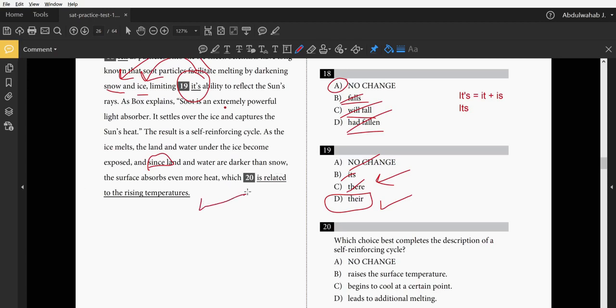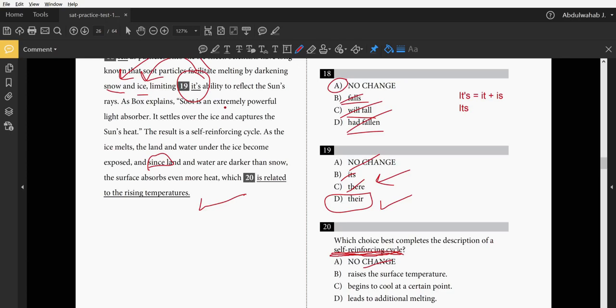Is this why the general temperature of the Greenland ice sheet is increasing? Not exactly. Now, which choice best completes the description of the self-reinforcing cycle? We need to make sure that the cycle is repeating itself with the words we use. So we do need a change. "Raises the surface temperature" doesn't exactly raise the surface temperature.